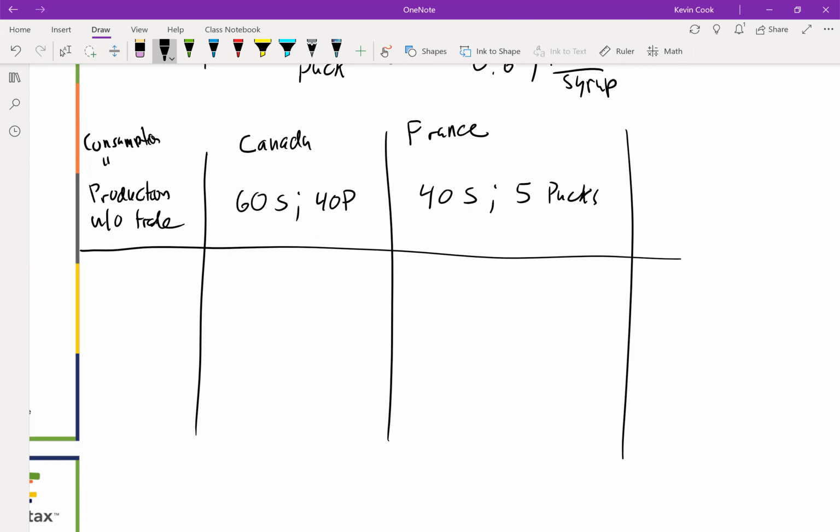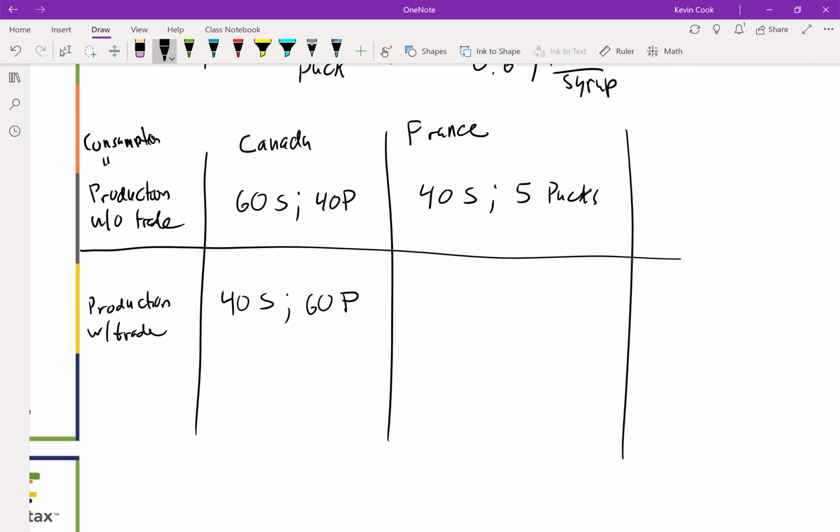So the next step we'll have is a production with trade. And we are going to suppose that Canada just has to add up to 100. So we're going to give Canada, say they end up making 40 syrup and 60 pucks. I think this will work out nice.